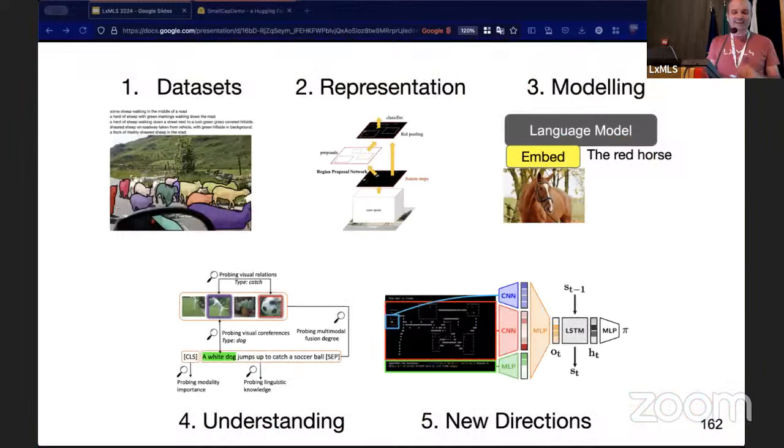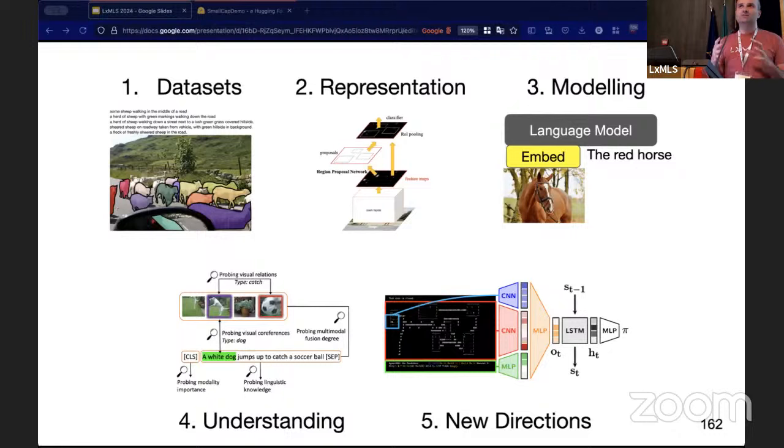So today I have tried to give you, hopefully not too intense, an introduction to the idea of vision and language learning. I started with the assumption that maybe you didn't know anything about this field. And so I covered the ideas of data sets and tasks that are common within this area, representation of the data in terms of using maybe convolutional nets or visual transformers.